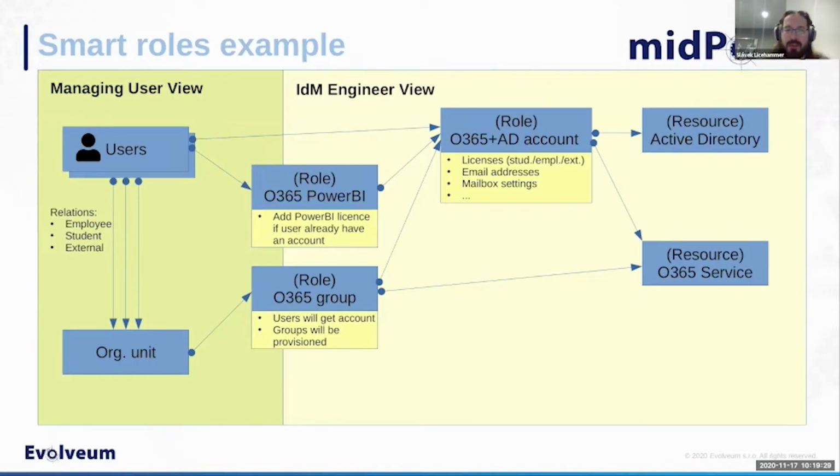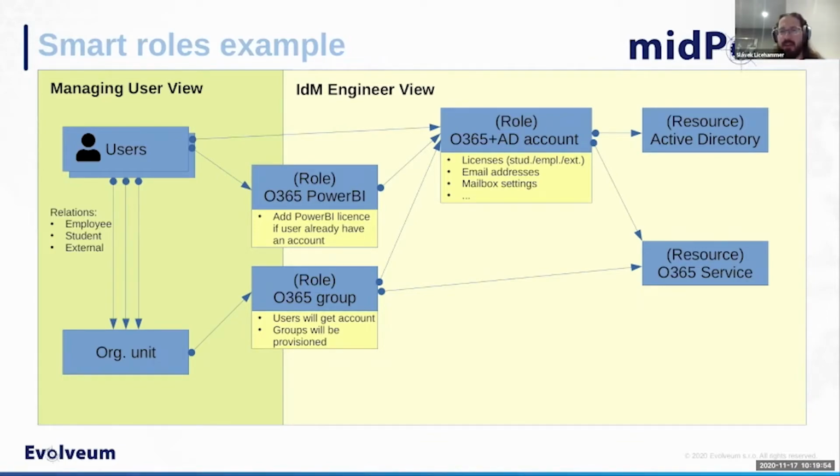For example, we have a line from users to this role Office 365 plus AD account. This role can be used internally if you have some rule, like for example, we want to have some standard license for all of our employees. It can be done by the identity management team. But then which organization unit should be represented as a group can be done by a user.